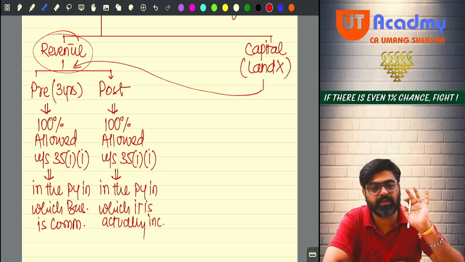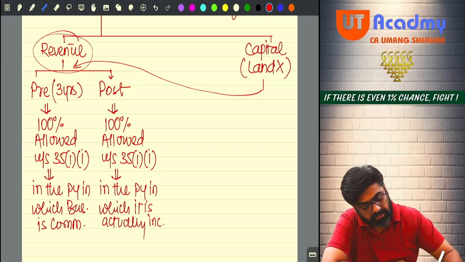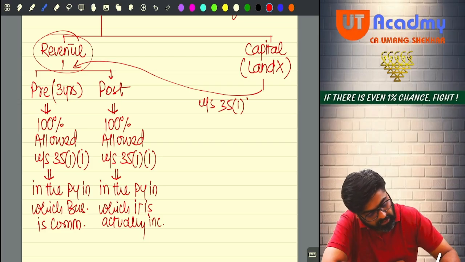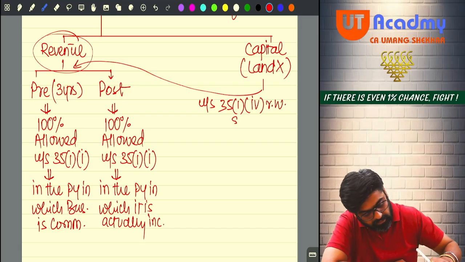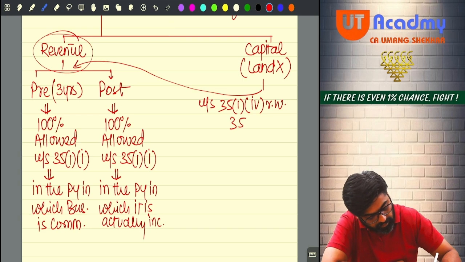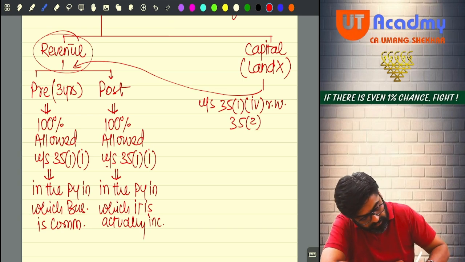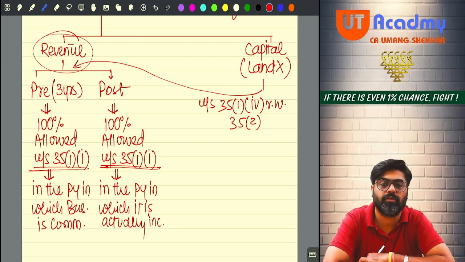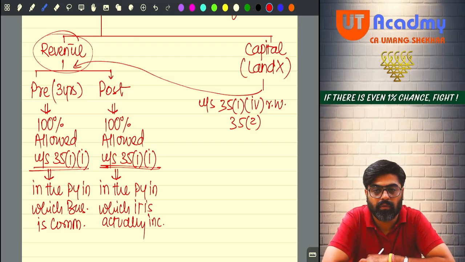Even those capital expenditure will be fully allowed. But these capital expenditures will be allowed under section 35, subsection 1, clause 4, read with section 35(2). So for revenue expenditure, clause 1 is there, and for capital expenditure, section 35 subsection 1 clause 4 is there, read with 35(2). Done, sir?